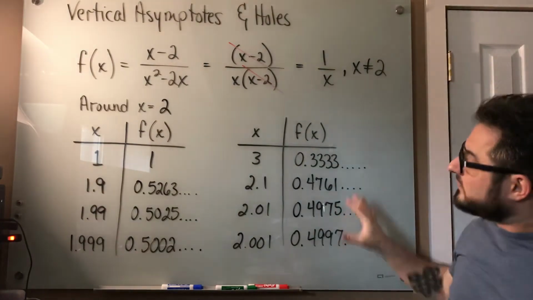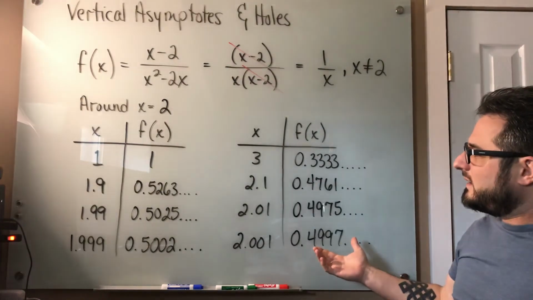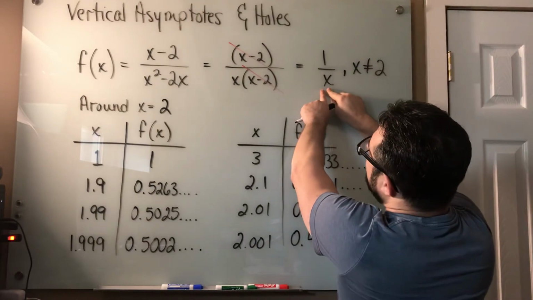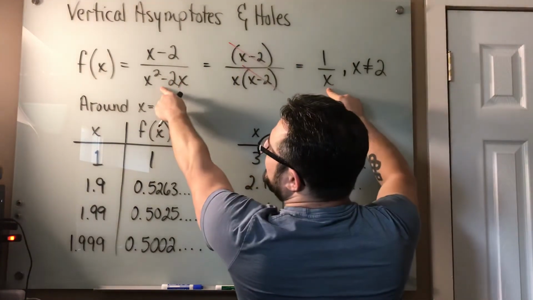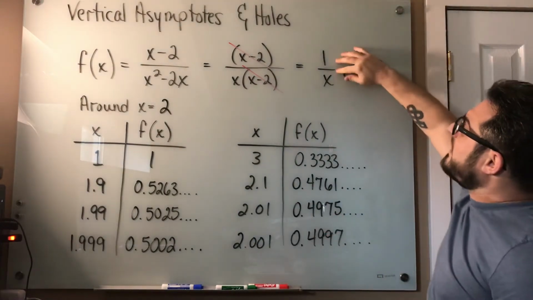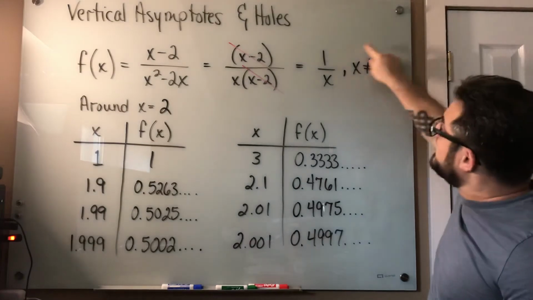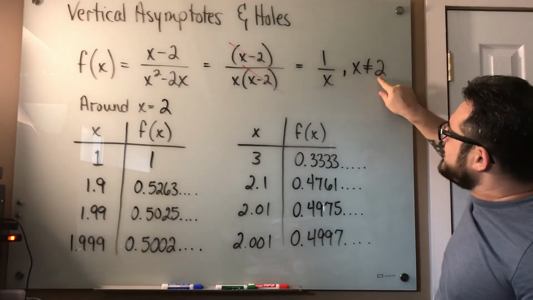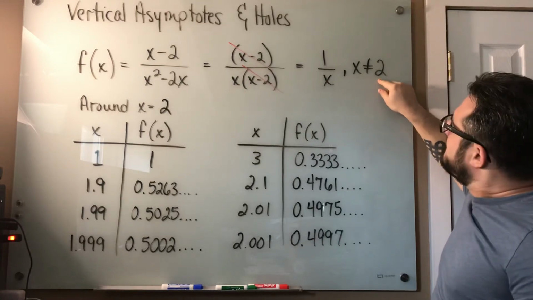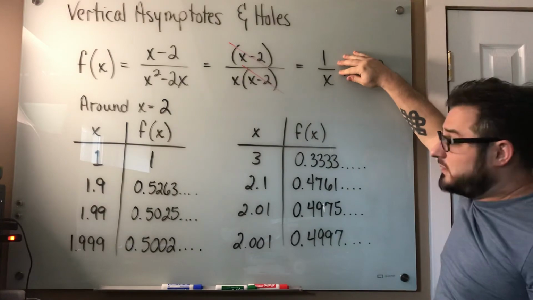Now, part of the reason why this happens is that this simplified function is mimicking everything that function does. In fact, aside from this statement, they are equal. I mean, this is what truly makes them equal, but as long as we stay away from x equals 2, these two things are actually identical.